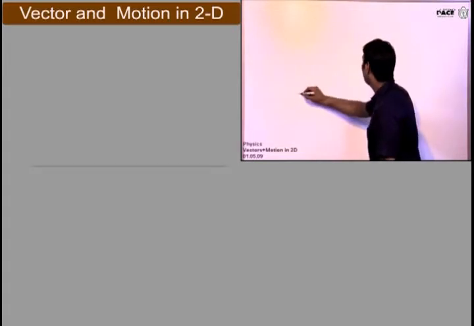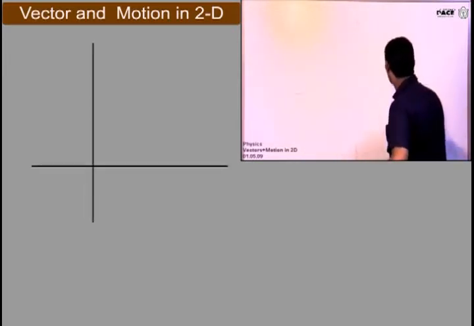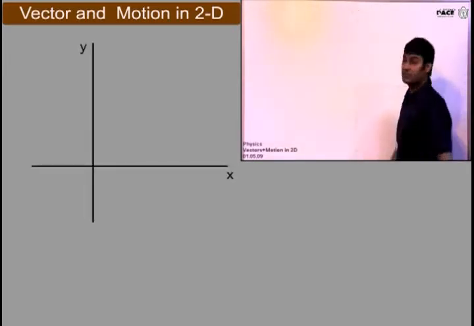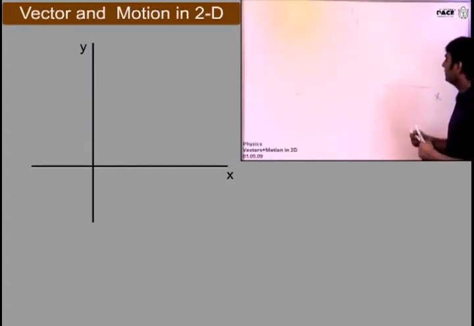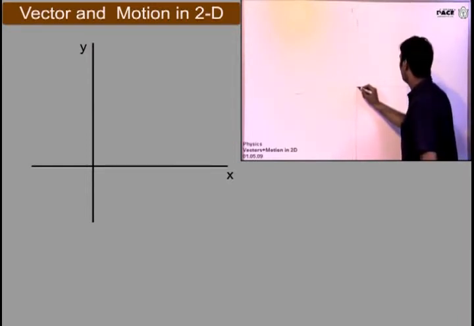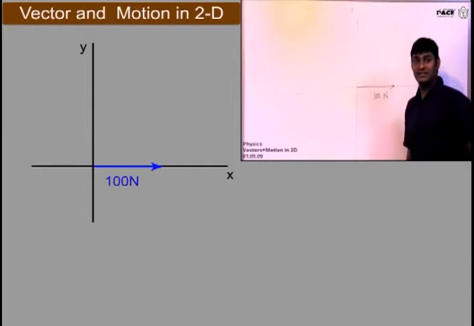So now if I tell you, this is x-axis, this is y-axis, and there are 3-4 vectors. One vector is A1, which is 100 Newton along x-axis.